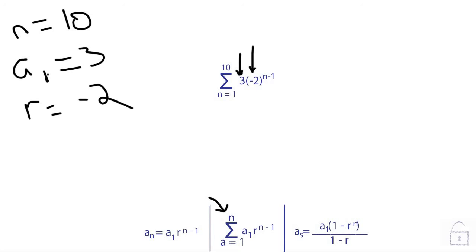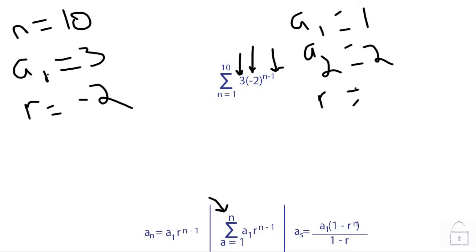Now we have this n minus 1, which is just how we get to the next term. If you had an a1 value of, let's say, 1, and an a2 value of, let's say, 2, the common difference is just 1, and you just have to add 1 to get there. So this would be an arithmetic sequence.